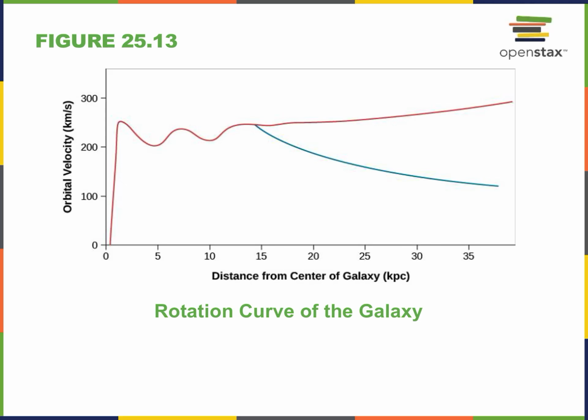At least 90% of the mass in the galaxy is made up of some stuff we've never seen directly. That's why we call it dark matter. We don't know what it is, but we can't explain the galaxy's rotation curve without it. We need it to exist for the rotation curve to make sense. This concludes part 1 of my lecture on the Milky Way.